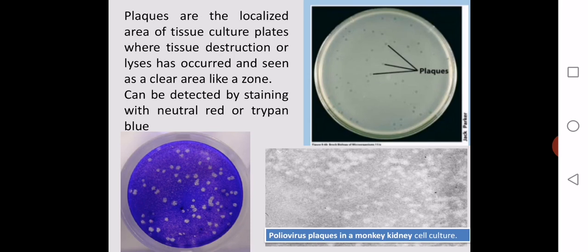And this could be clearly detected using staining, like staining with neutral red or trypan blue, so that the cells will be stained, and the area where no cells are growing will be observed as a clear zone, right? So that's about plaque formation and detection using plaque formation.